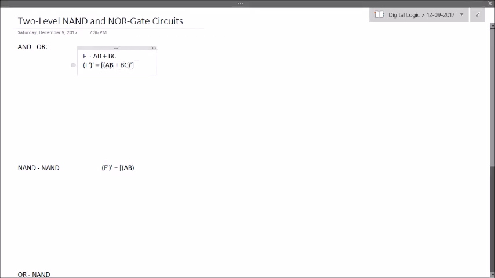So in this case it will be (A times B) prime, the plus becomes a multiply, times (B times C) prime, and everything prime. So you see, this is a NAND gate, this is a NAND gate, and they both multiply each other, and therefore the outside is a NAND gate.